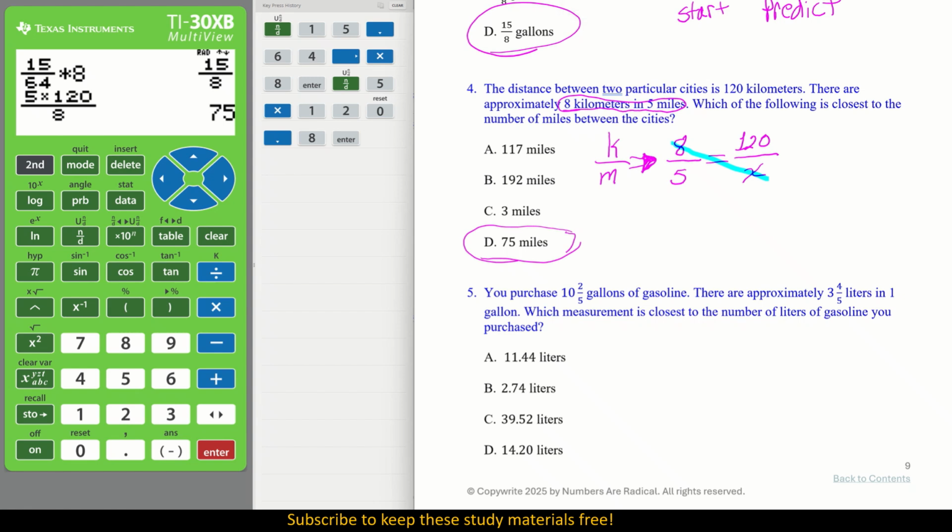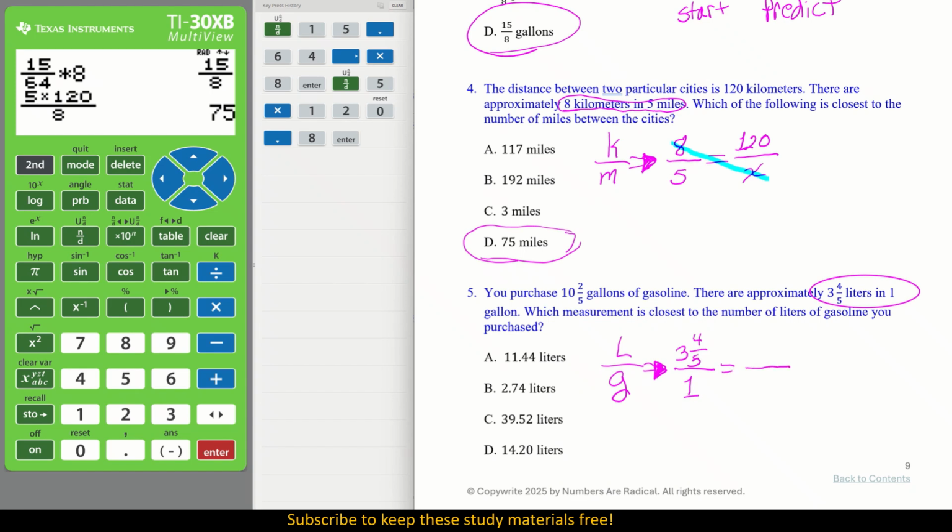Okay, again, you are being given a unit rate, and that's a really nice place to start. But what is that? That is the liters over the gallons. Well, what does this give us? Okay, that will give us 3 and 4/5 over the 1.